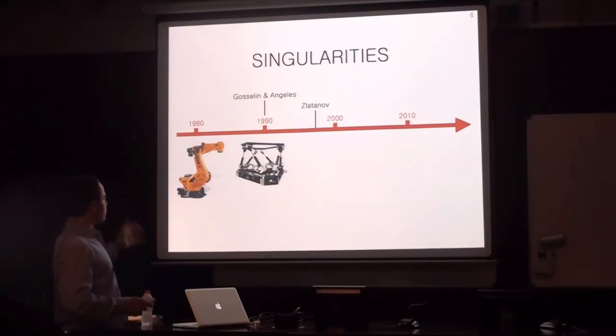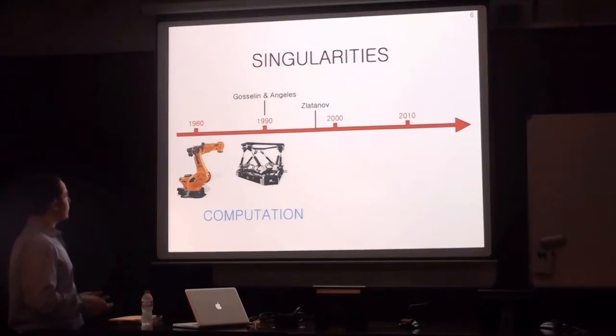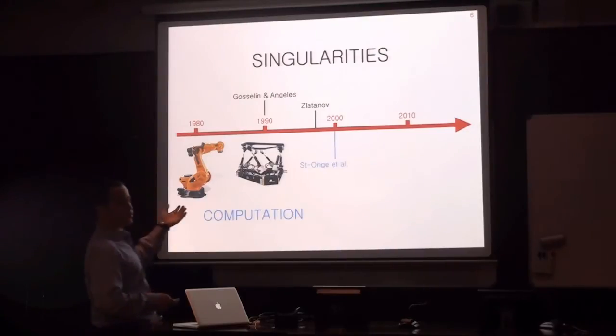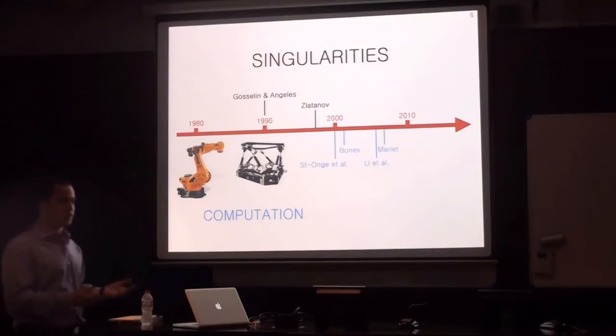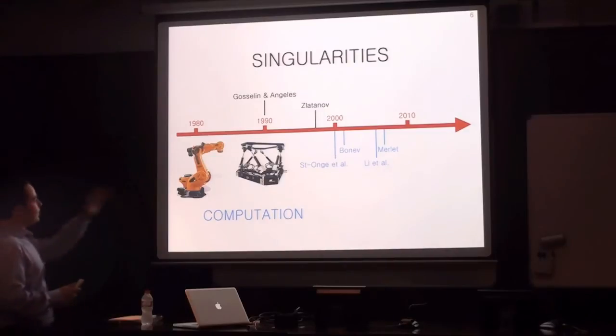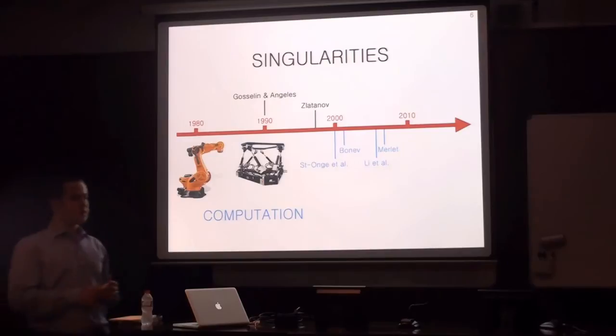After these works, there were many approaches to compute the singularity sets that appeared. Some examples of them are the works by Santonja and collaborators, Bonev, Lee and collaborators, or Merlet, who provided methods to compute the singularity sets for specific manipulators. And these are just some of the many references available on this topic.